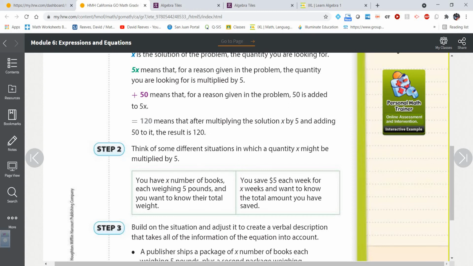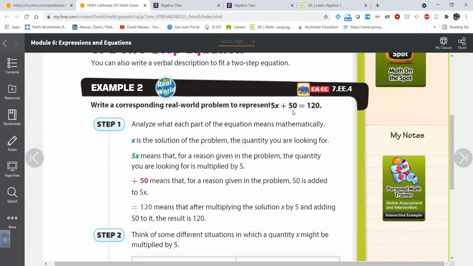So you have books and every book weighs 5 pounds, so that could be 5X, or X number of weeks, and you're saving $5 each week, all right? And that part that does not have a variable, that's a one-time fee. And then over here is some kind of total. When it's going up, it's a total. When it's going down, it's like a balance. What's left? This one's going up.